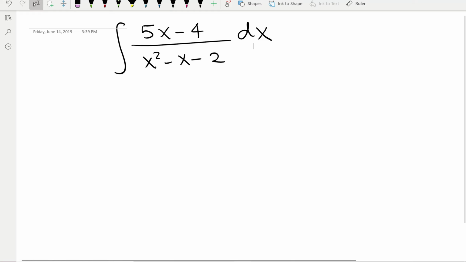So we have to integrate this rational function. Why do we need partial fraction decomposition? The reason is that this fraction is too complicated to integrate.